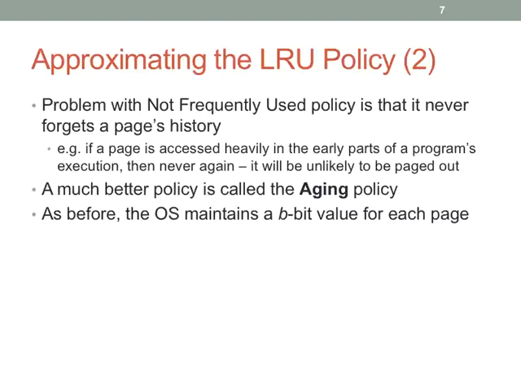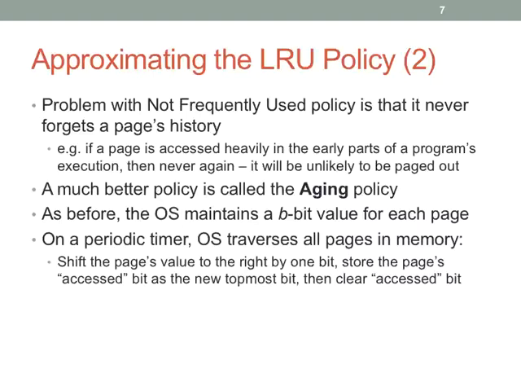Aging allows you to consider recent frequent access. And so you'll see that it actually combines recency and frequency in a very interesting way. So we have a B bit value. You may have recognized this from a CS24 exam because I like to sometimes come up with other policies to make it more interesting. But anyway, the OS has a periodic timer interrupt just as before, and it basically scans through all the pages.